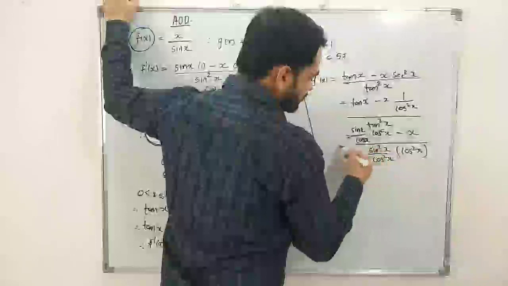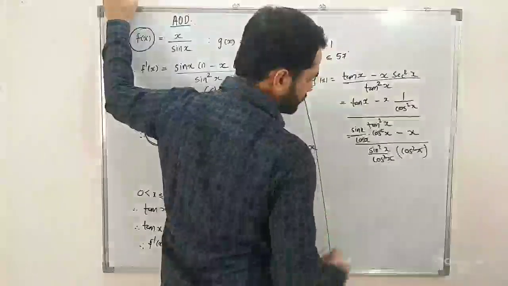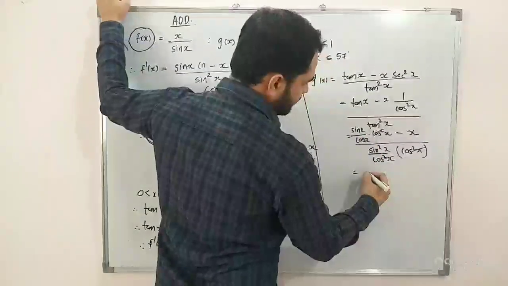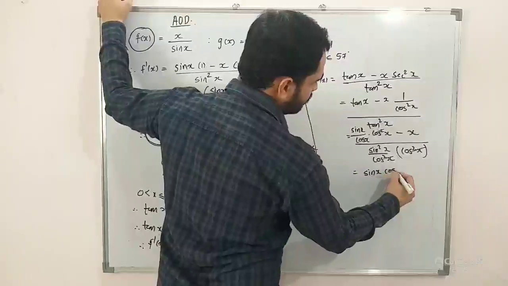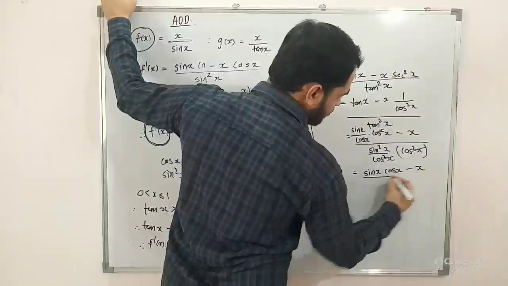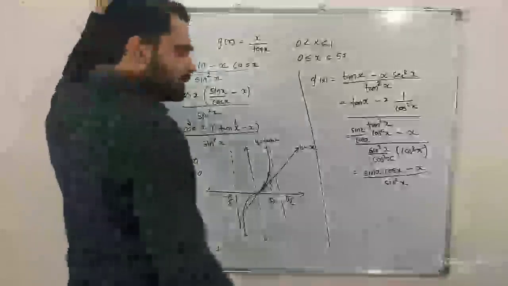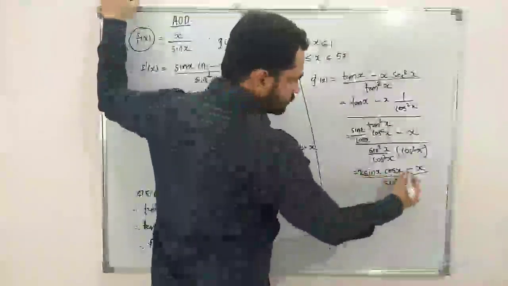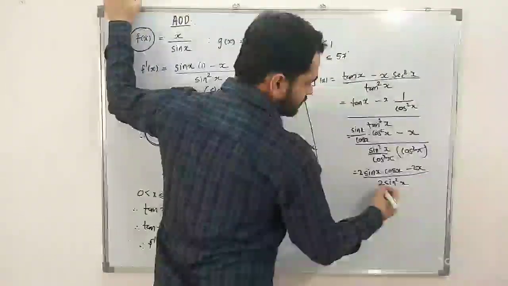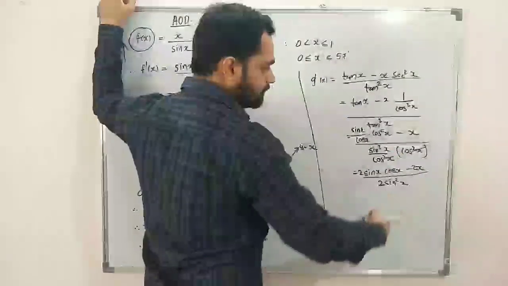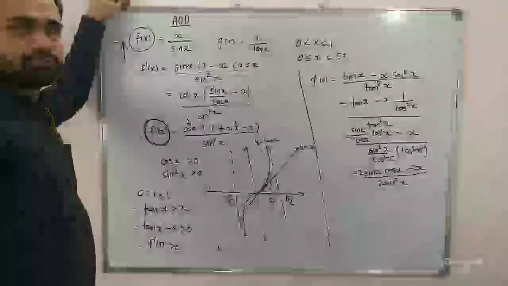So cos x cancels, cos square x cancels. The remaining terms are in the numerator sin x into cos x minus x upon sin square x. But we are going to multiply the numerator with 2. So 2 here, 2 here. If we multiply it, then we also have to divide with 2, right?